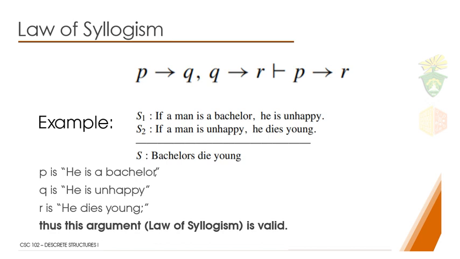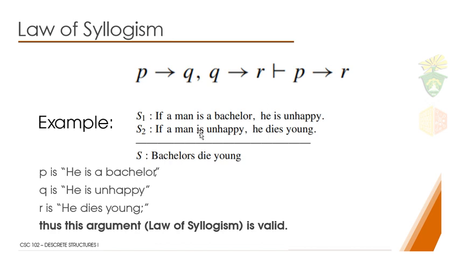Another example represents the law of syllogism. The law of syllogism is represented this way. If we have if P then Q, and if Q then R, then we can conclude that if P then R. For example, let P be if a man is a bachelor, and Q be he is unhappy.